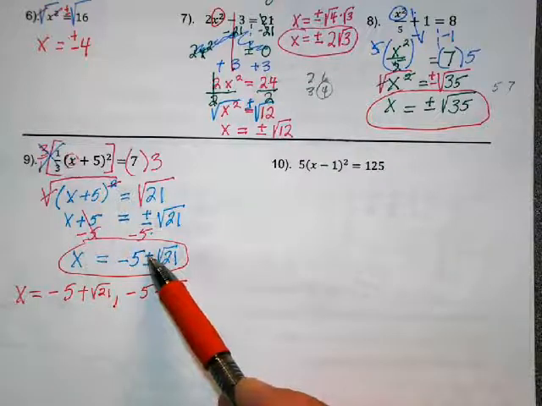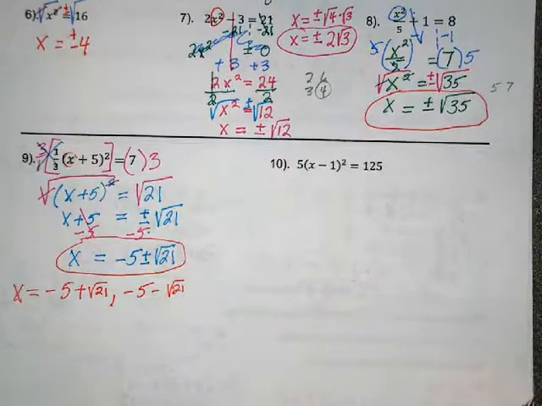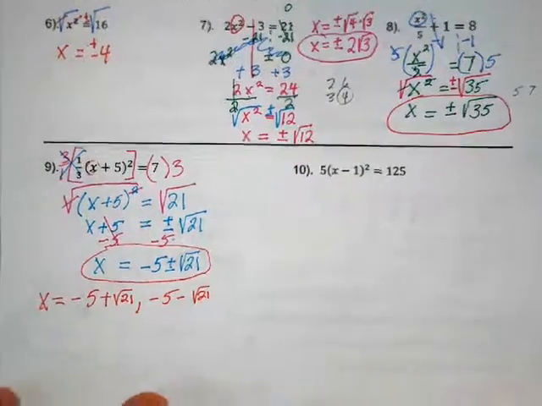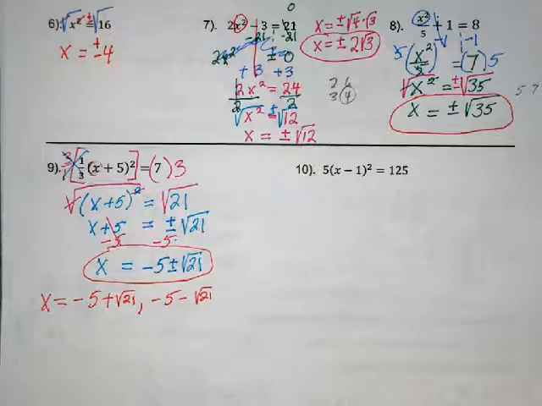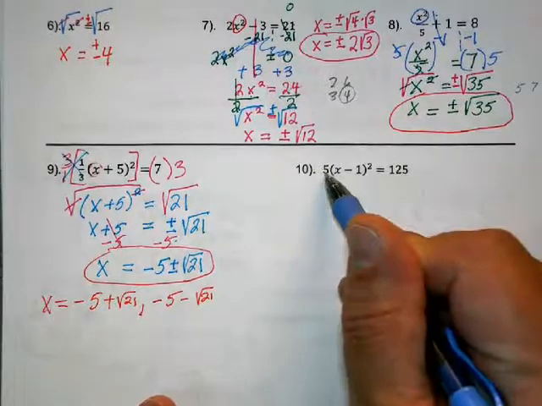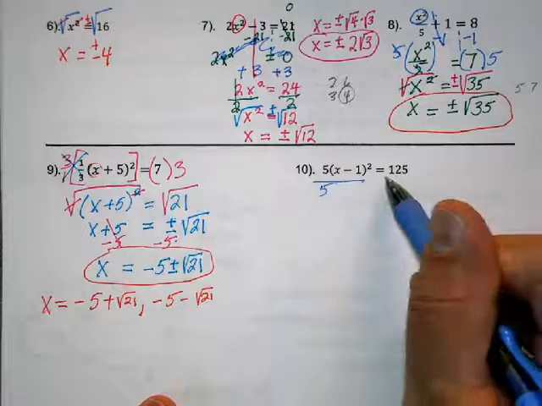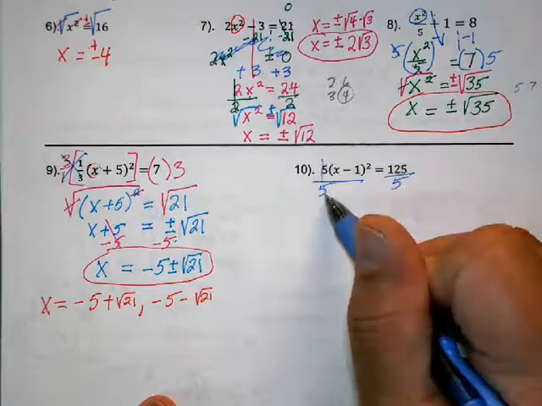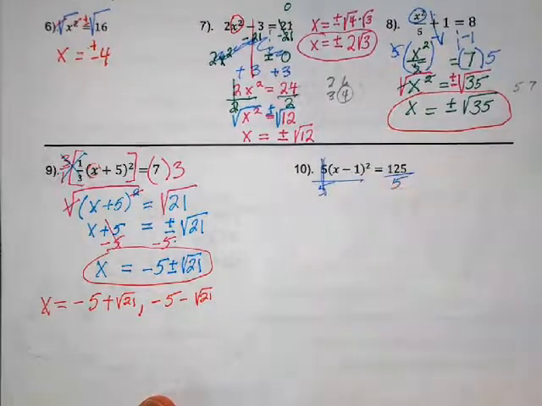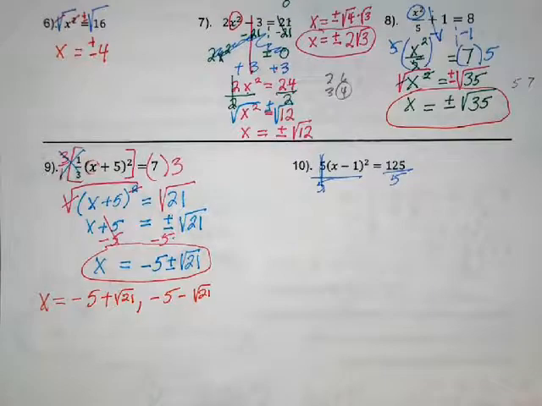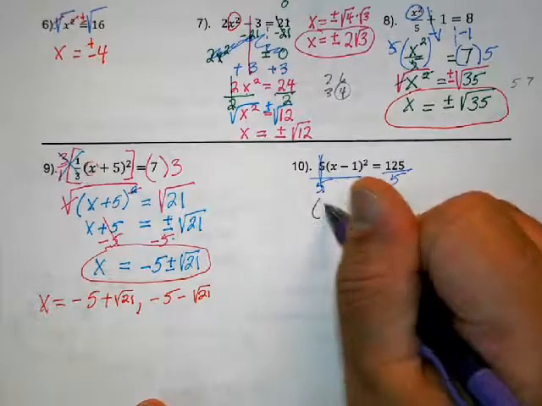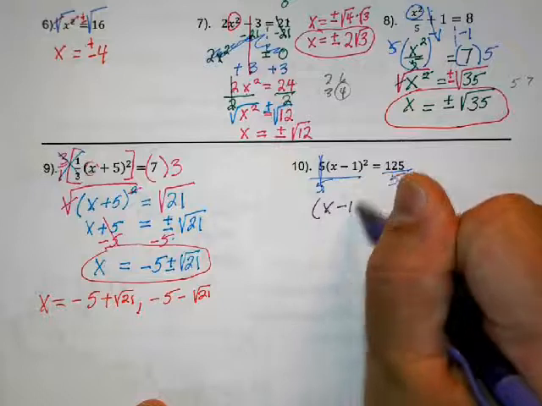All right, number 10, my last one here. This time, I'm going to get rid of the 5. So I'm going to divide both sides by 5. So I get x minus 1 squared equals 125 divided by 5 is 25.